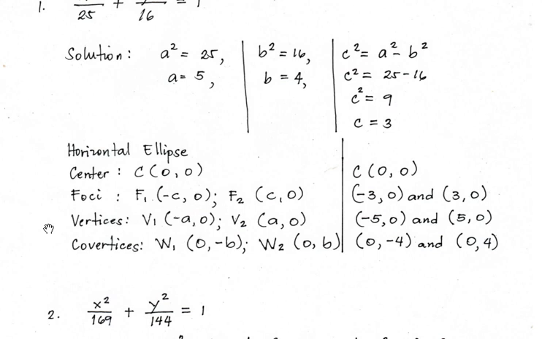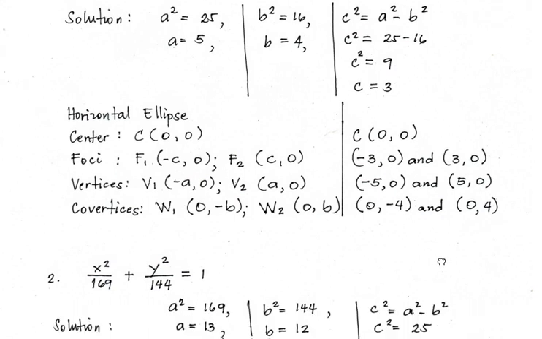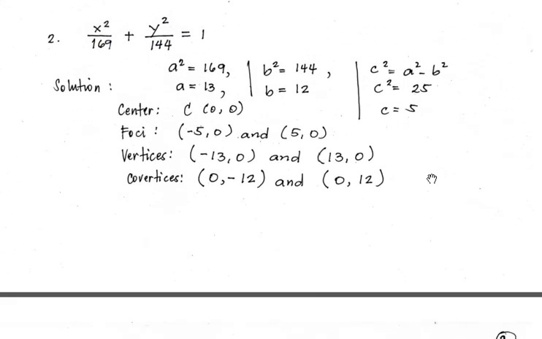For the vertices, B1 is (negative A, 0) and B2 is (A, 0). In this case, since A is 5, the vertices are (negative 5, 0) and (5, 0). The co-vertices W1 and W2 have coordinates (0, negative B) and (0, B). So in the given, we have (0, negative 4) and (0, 4). This concludes the solution for number 1.